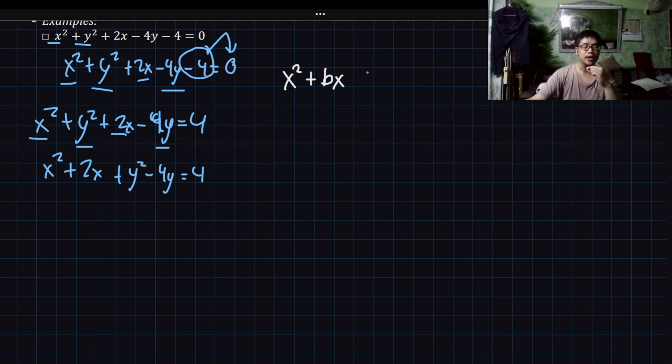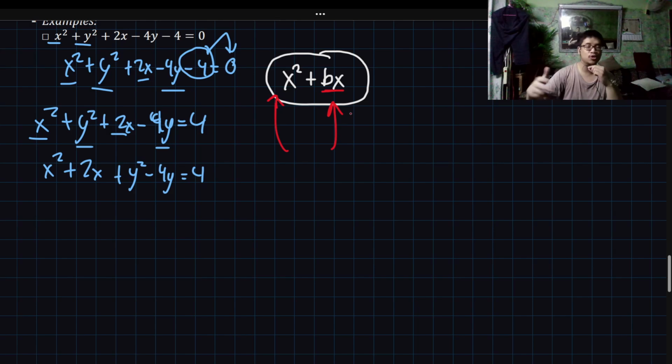Basically, if you encounter x squared plus bx, where the coefficient of x squared is just 1, meaning there's no visible number for x squared, then for the term on the right, which is bx, the b could be any number, it could be 1, 2, negative 1, but not 0.